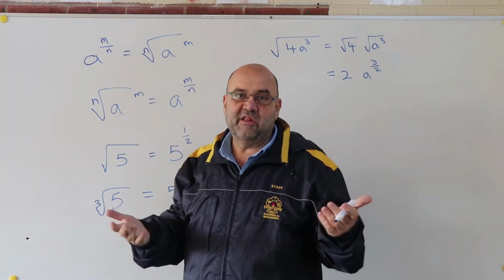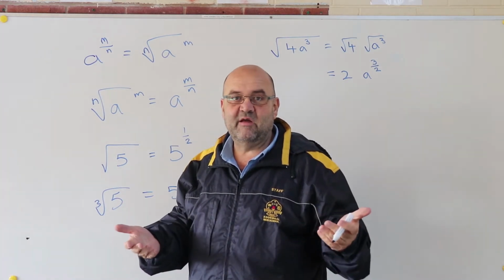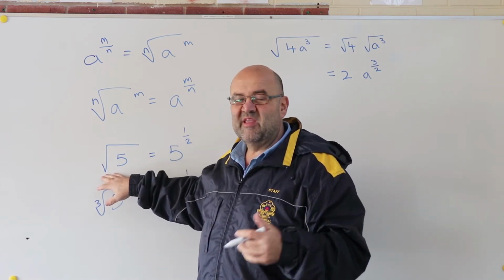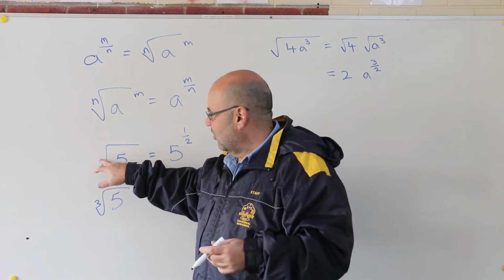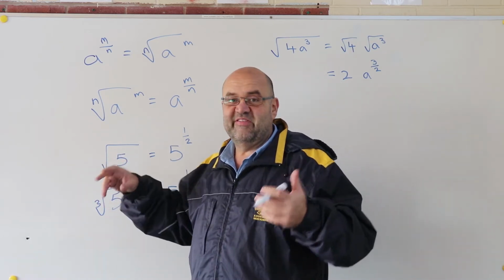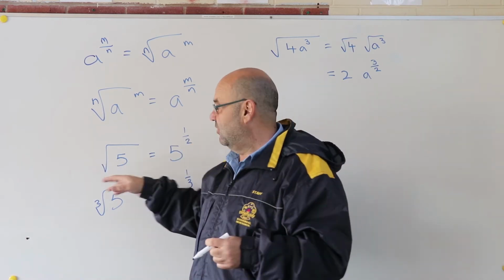So how does that translate into expressions involving numbers and pronumerals? If I've got the square root of 5, we don't write a little 2 there, but it's understood that this symbol means the square root. What number multiplied by itself 2 times will give me this?